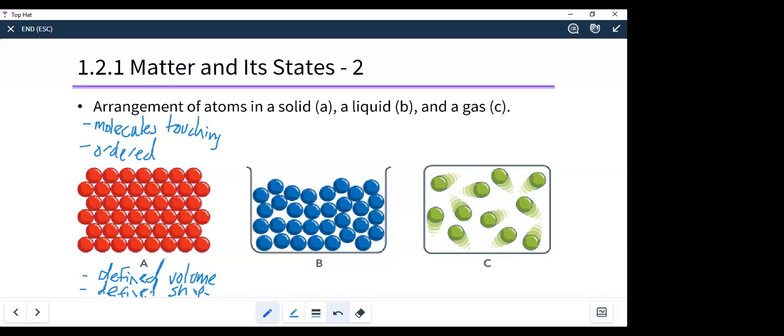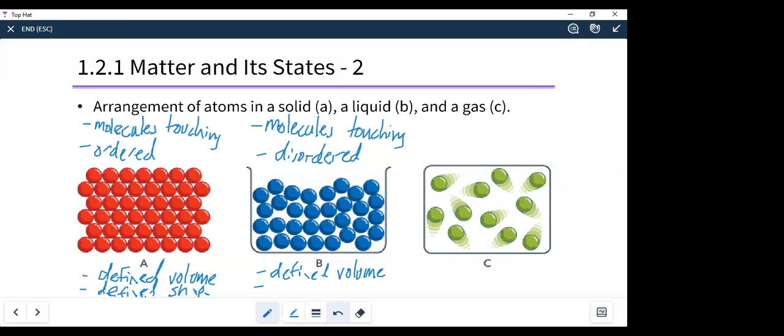We see that the molecules are still touching, and that touching of the molecules is going to keep us to have a defined volume still. But we're going to lose that definition in shape.